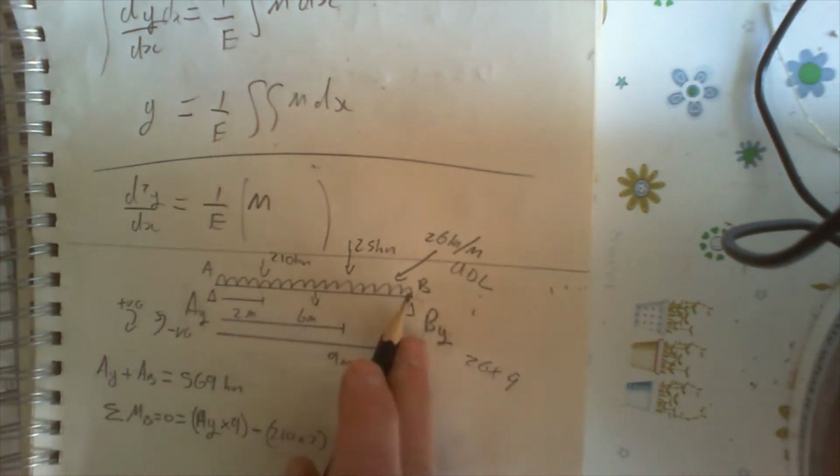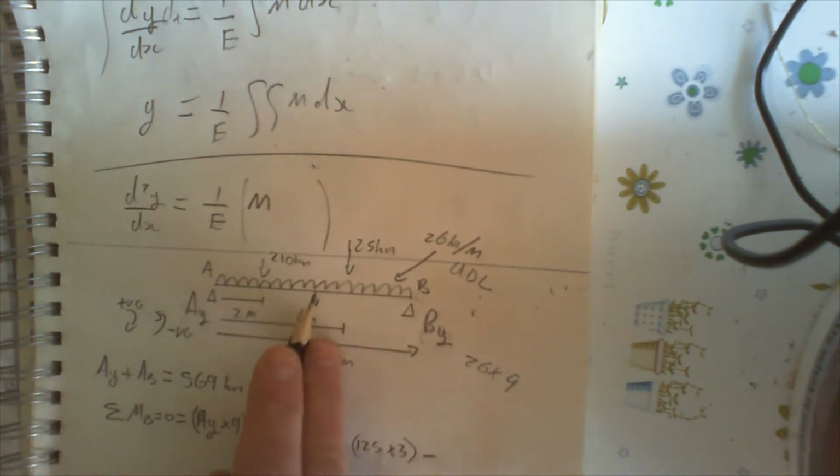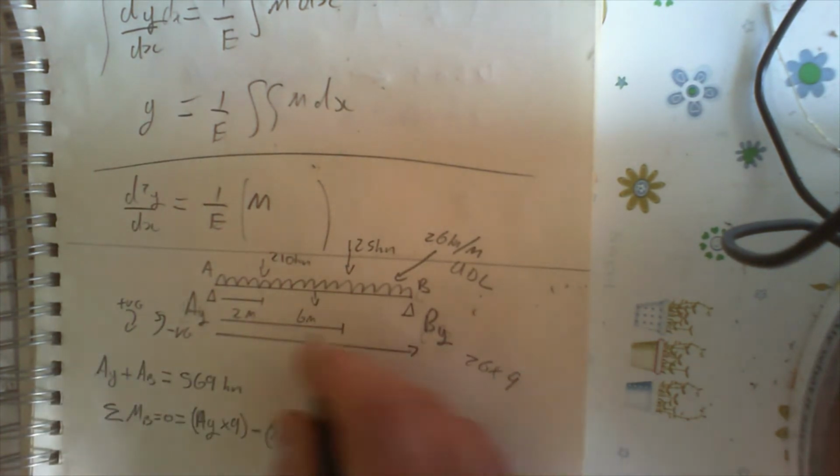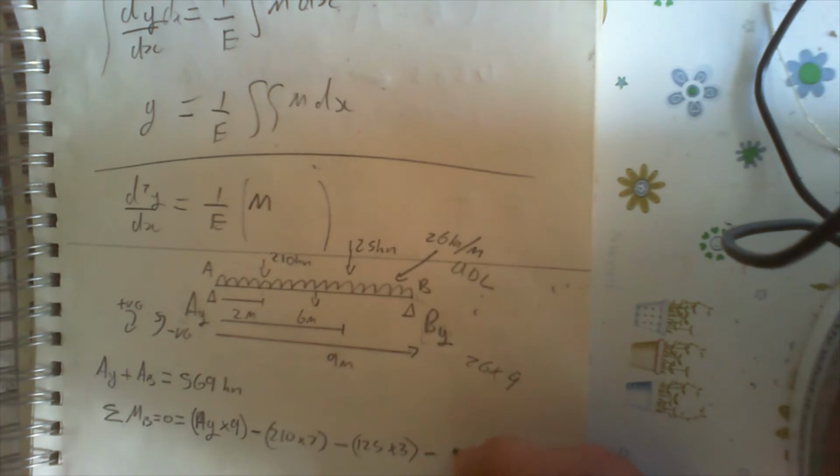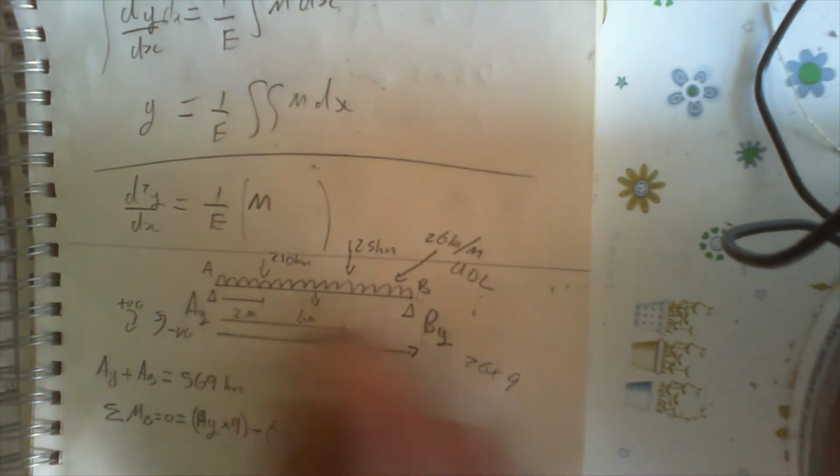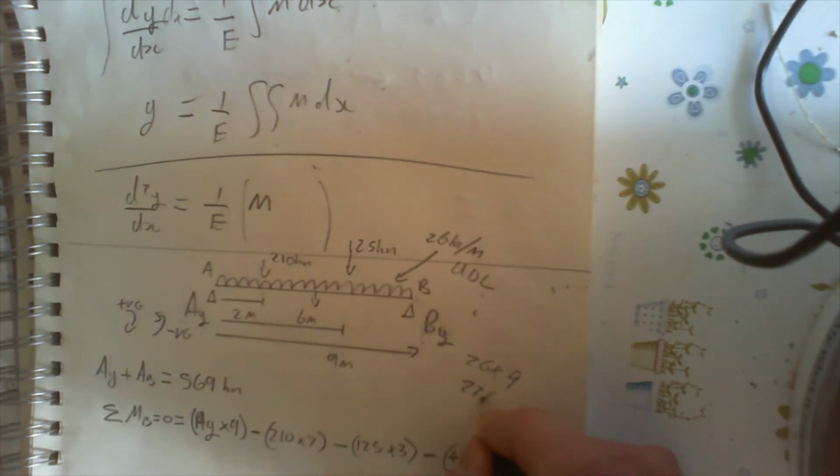You take the complete force of that and treat it like a point force, which is going to act at 4.5 metres. And 26 times 9 is 234.